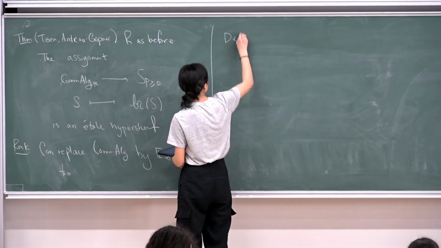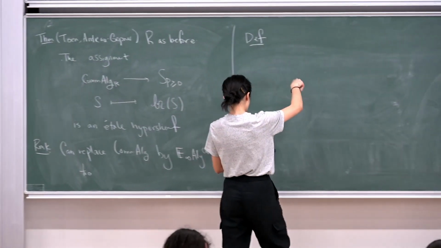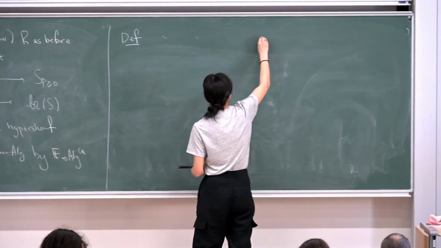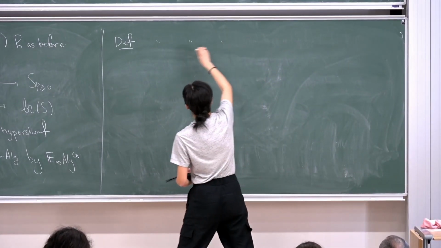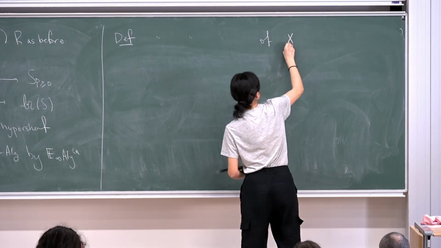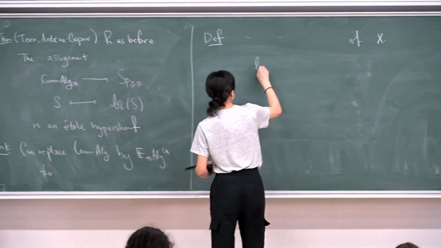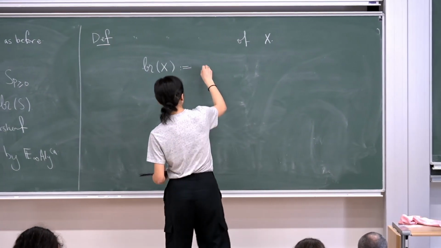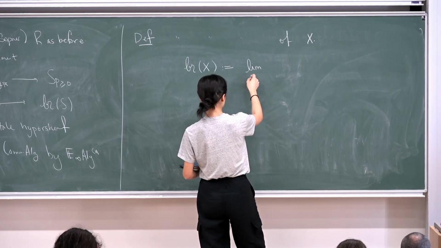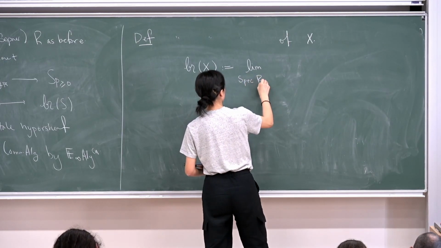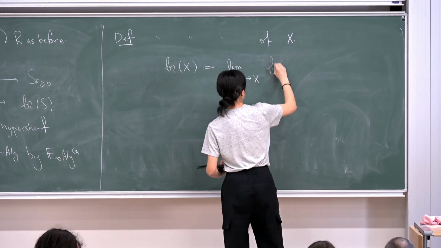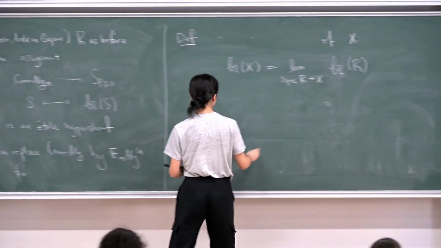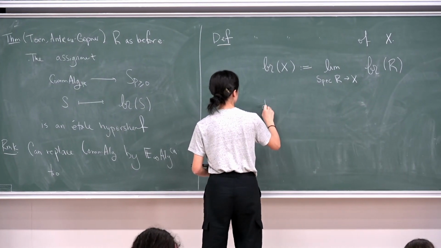Definition: X is as before. Then the derived Brauer space of X instead of R is, I'm just going to take the limit over affines mapping to X of the derived Brauer space of R. And then likewise for the derived Brauer group.